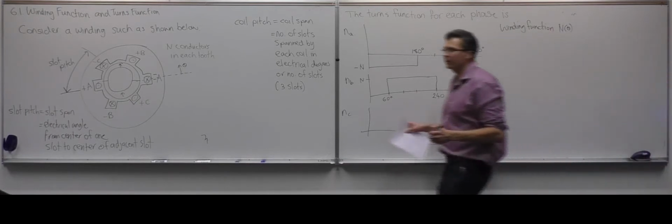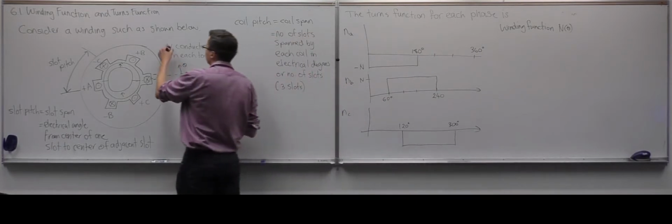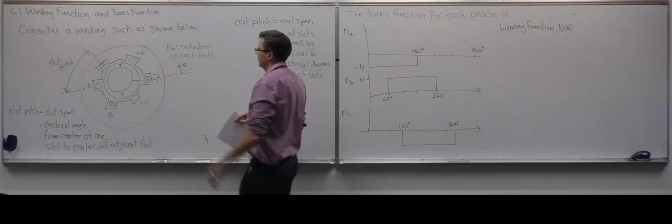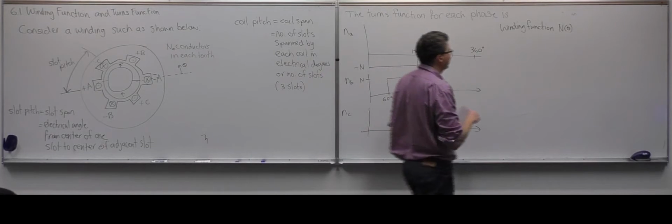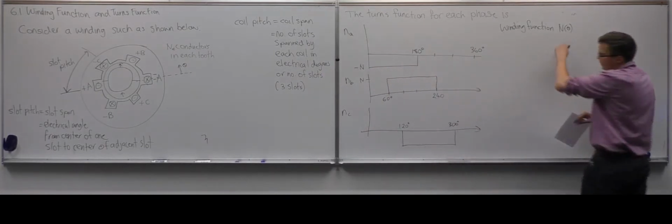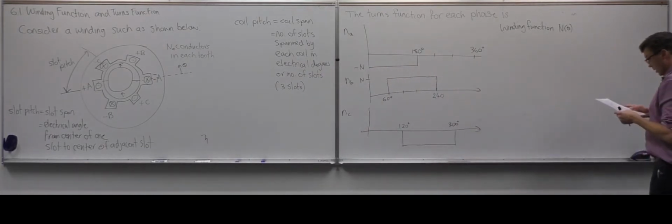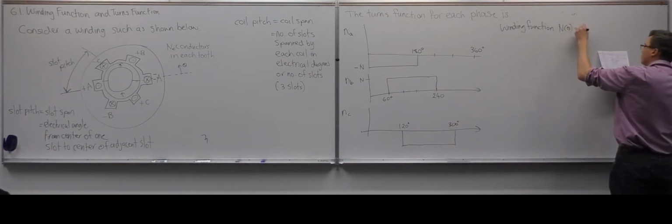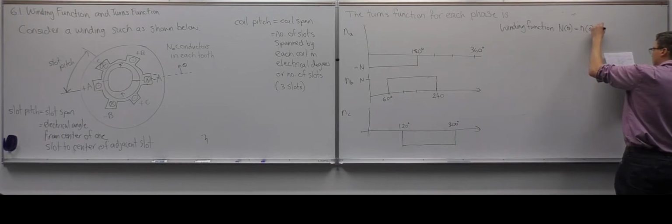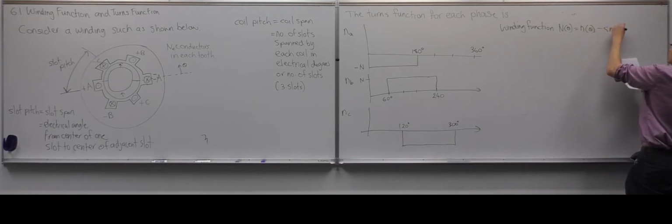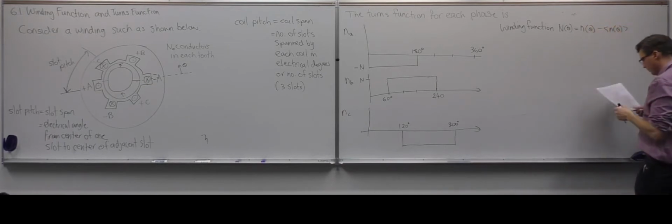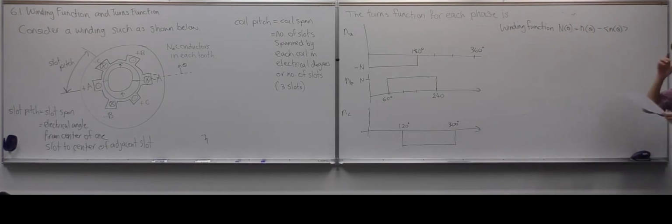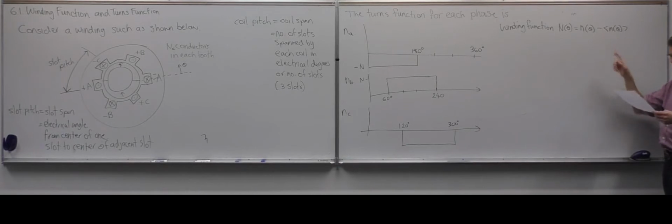Actually I'll put this as NC here for number of conductors in each tooth, because it's a bit confusing because the winding function is defined as capital N. So the winding function is equal to the turns function minus the average of the turns function. And we derived this in the previous class, and I'll upload a document that reviews this material.